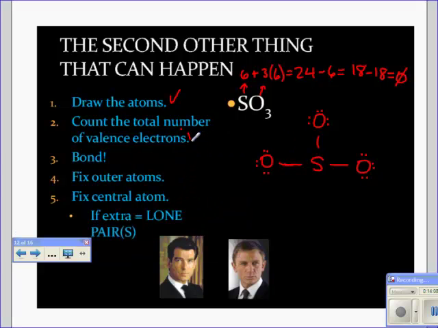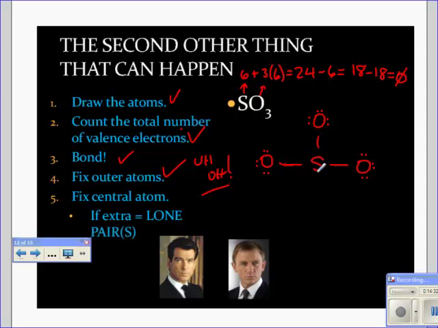Here's the problem. I look at my central atom, and it has 2, 4, 6. And I go, uh-oh. Because I don't have extras, I cannot put a lone pair on that. If I don't have extras to use, I can't have a lone pair. So I'm in trouble here.